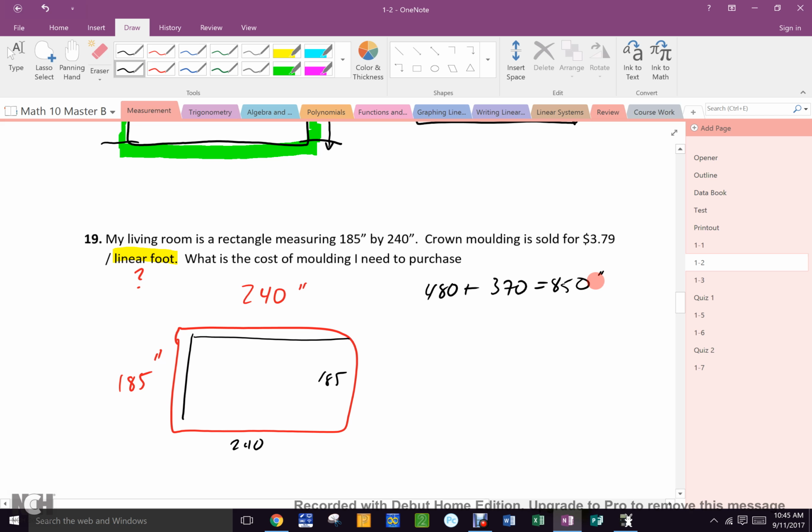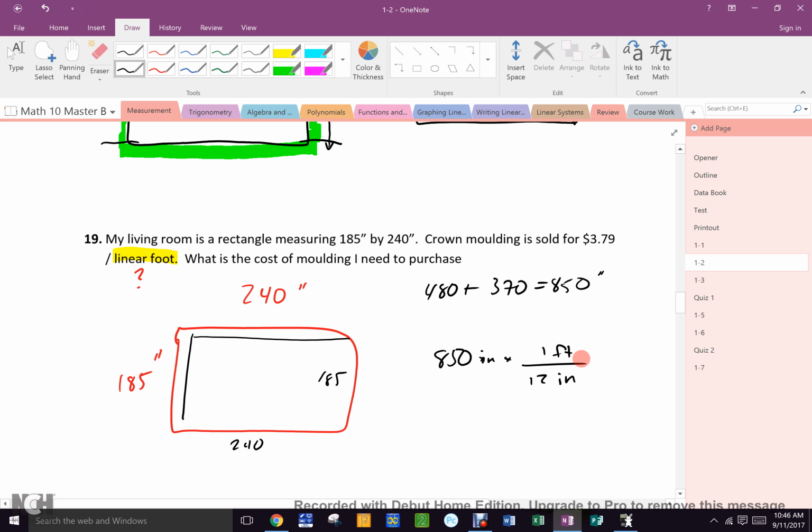When I go to the store, if I'm trying to do this job for somebody, I've got to give them an estimate, yeah? I know the store sells it for $3.79 a foot, so what do I have to do with that? Change it to feet. 850 inches, and now I want feet. 1 foot, 12 inches.